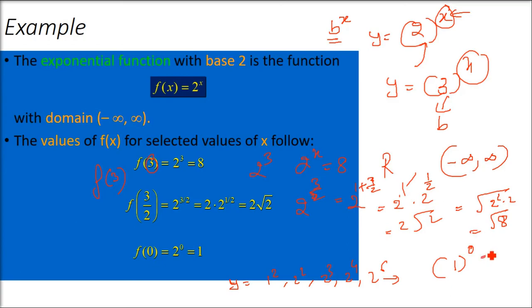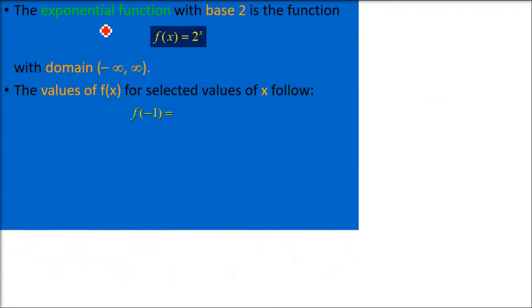So we have checked multiple values for this function with 2 as the base. You can change this 2 to any value, and now you can find out the value like this. Anything to the power 0 is always 1. So exponential function, base 2, 2 to the power x, domain is negative infinity to infinity, that means all real numbers.